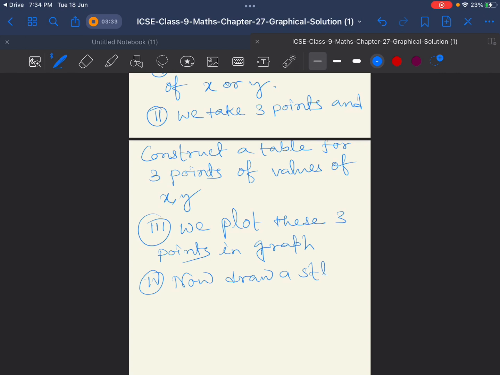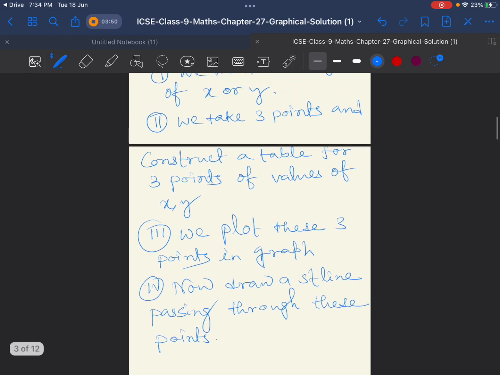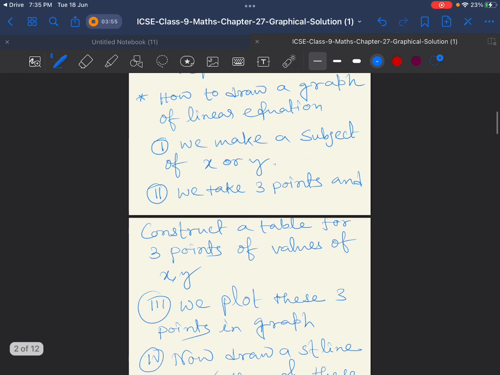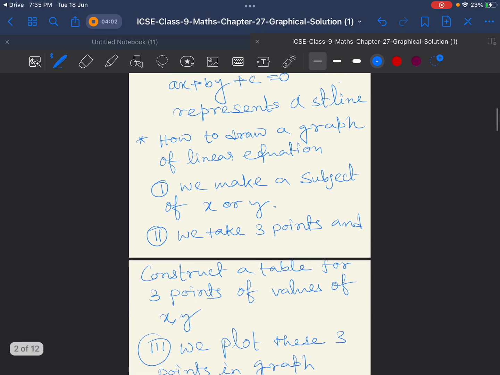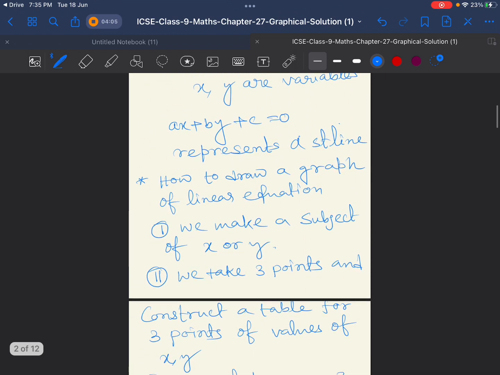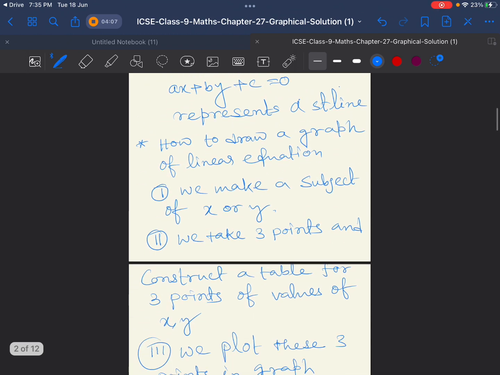Fourth step is now we draw a straight line passing through these points. So when we take an example, then this matter will be clear.